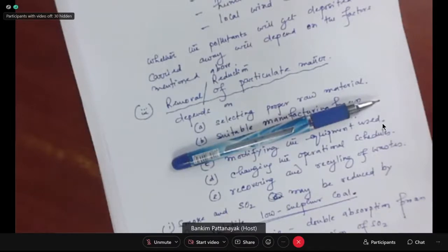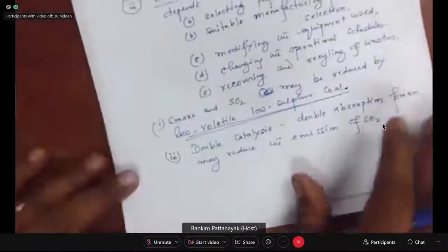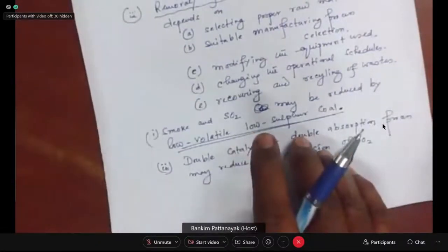So the higher-end cars put catalytic converters in the exhaust of the automobiles and reduce the emission by this catalytic converter application. Double catalysis, this is for SO2.